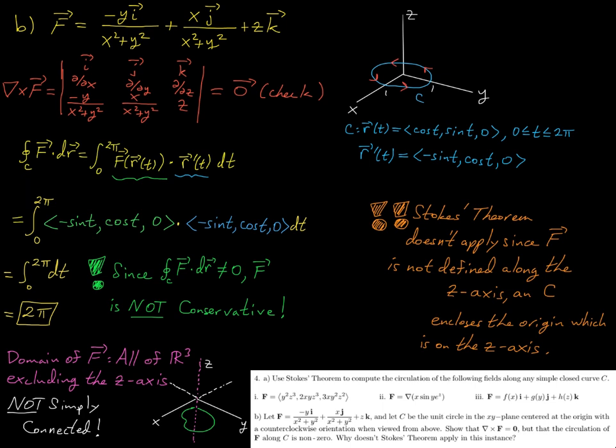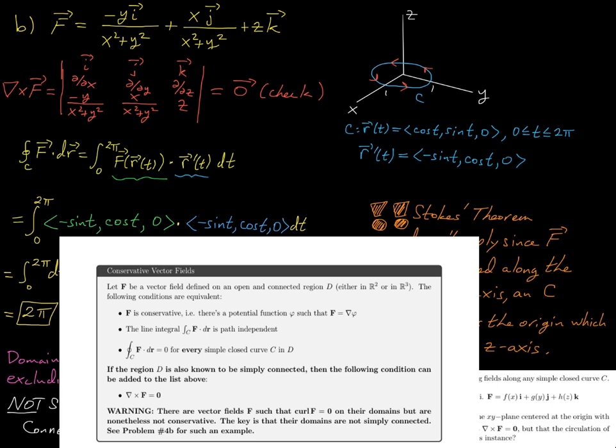Okay, so now the last thing I want to say in this video, this is on the second page of the Stokes' theorem worksheet. This is now a complete summary of all of these various conditions for a vector field to be conservative.